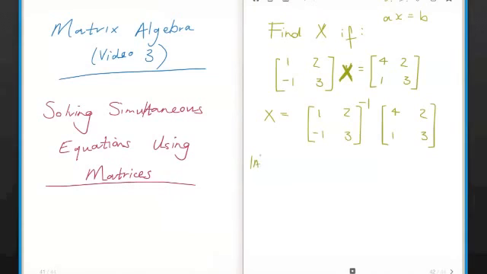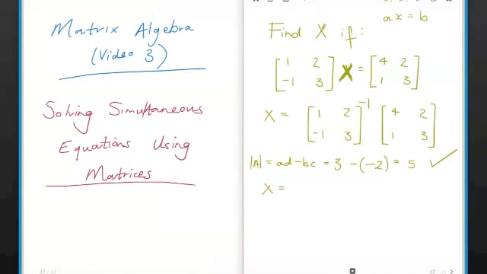So the determinant is AD take BC, which equals 1 times 3 is 3, take minus 1 times 2 is minus 2, which equals 3 plus 2, which is 5. Tick, okay, we can find the inverse.